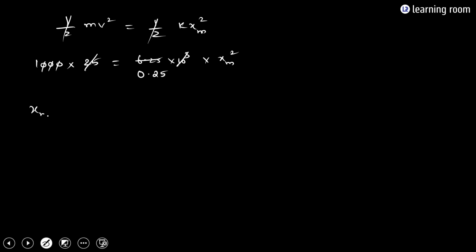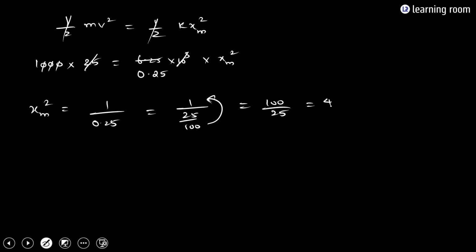So xm square will be equal to 1 divided by 0.25, or 1 divided by 25 by 100, which is 100 divided by 25, equal to 4. So xm square is 4, which gives xm as 2. So there will be a compression of 2 meter taking place in the spring by the time the car comes to rest. Make a note of this.